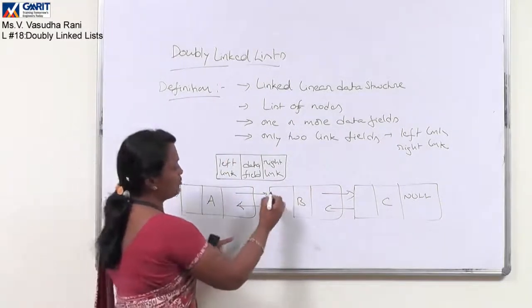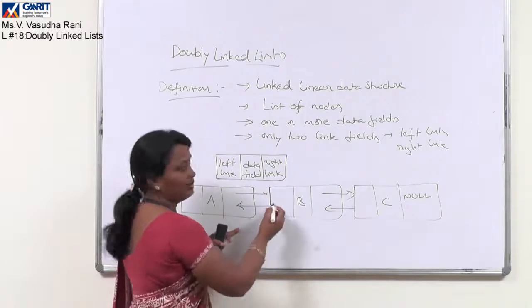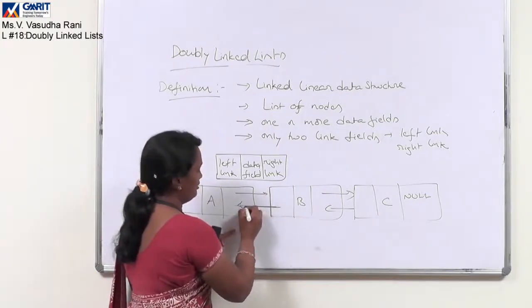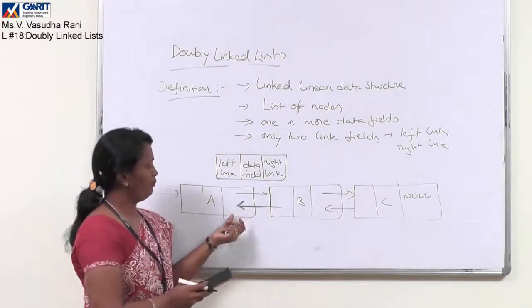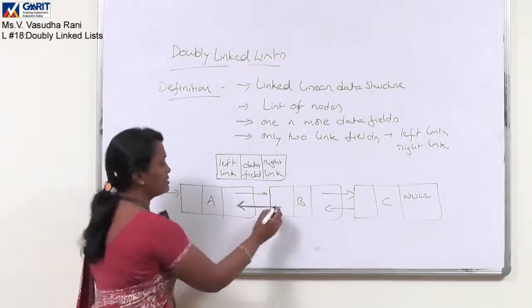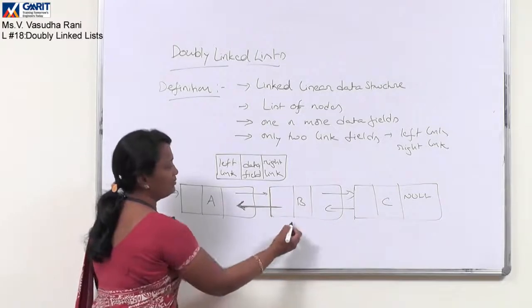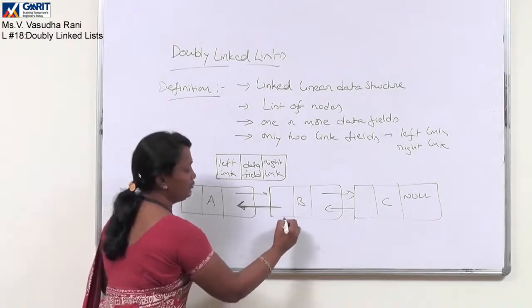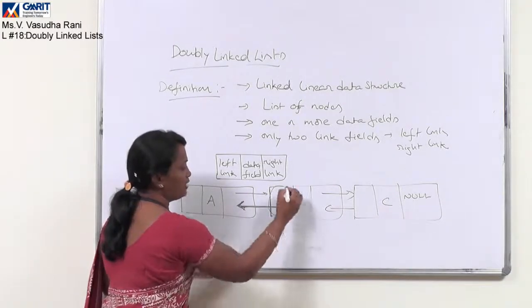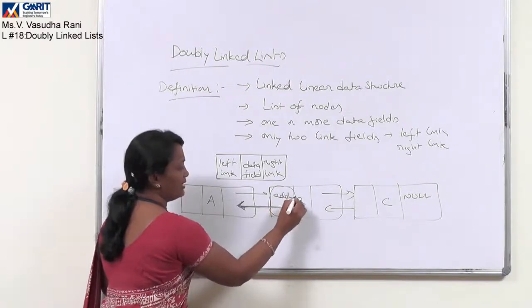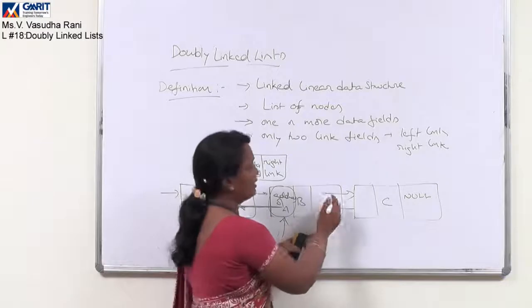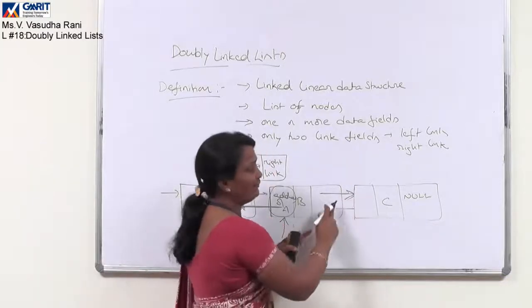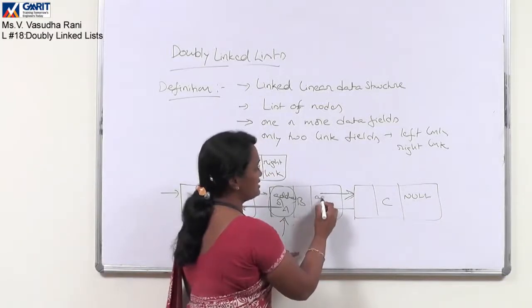Here if you observe this particular B node, B's left link is pointing to A. This indicates that B node's left pointer has the address of A, and B's right pointer has the address of C.